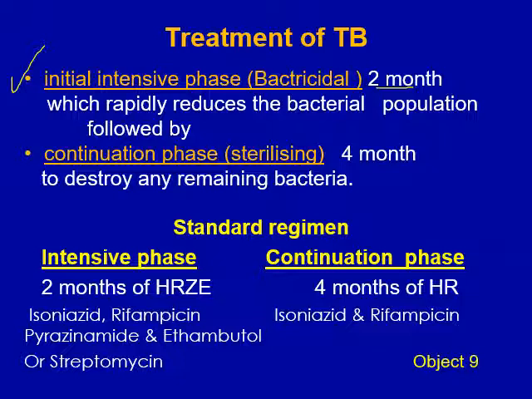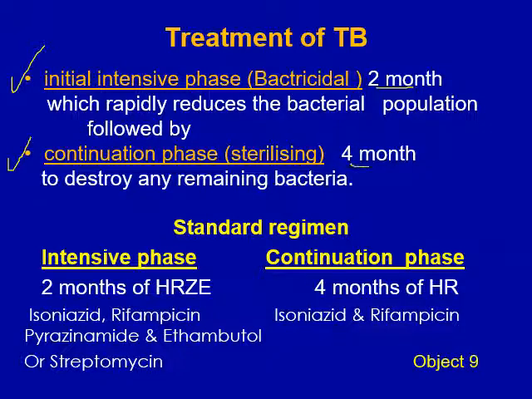This rapidly reduces the bacterial population and kills most of the bacteria. But some of them remain, then it is followed by the continuation phase or sterilizing phase, which we give for 4 months.